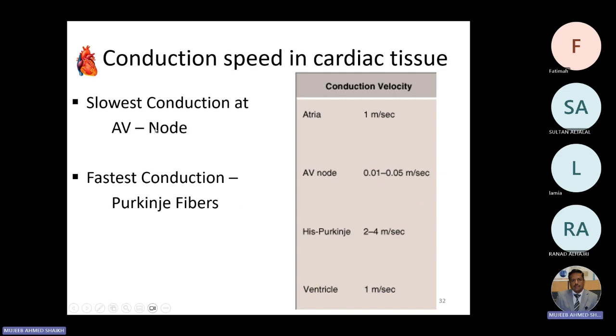The slowest conduction is found in the AV node, and this is important to make sure the ventricles fill properly. Whereas the fastest conduction is found in the Purkinje fibers, about 2 to 4 meters per second, the speed of conduction of the impulse.